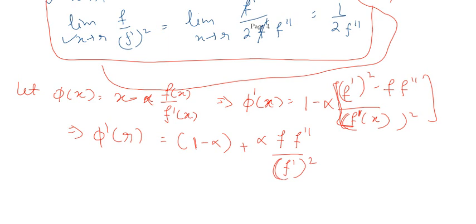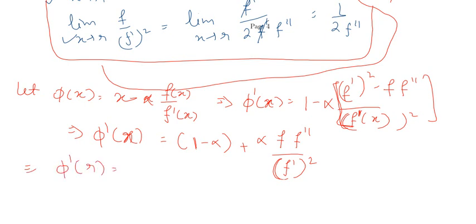So this implies phi dash of r is equal to the limit of this side.